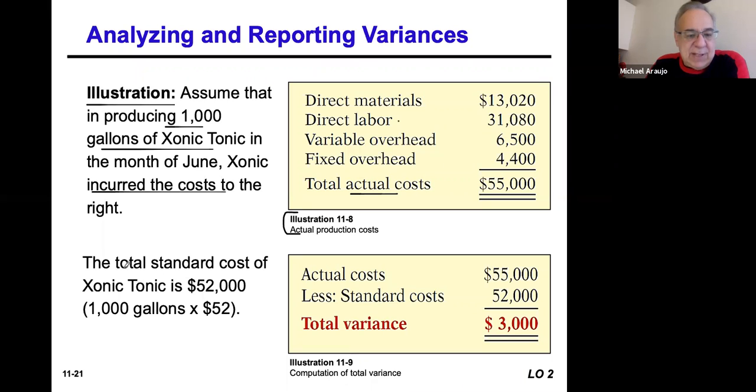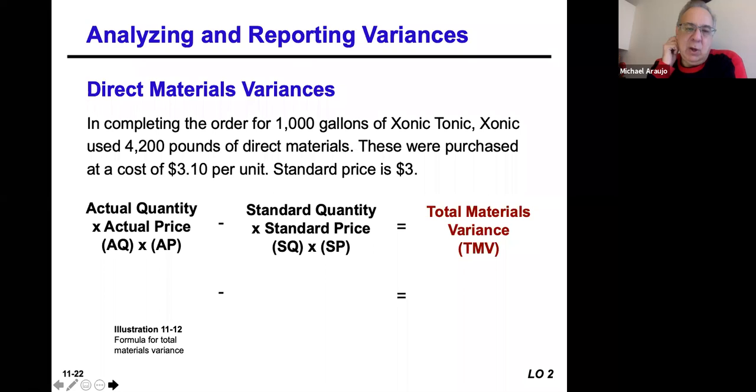However, the standard costs were calculated at $52,000. So in this case, our actual costs were 55,000, our standard costs were 52,000, and the total variance was $3,000. So let's take a deeper look. We're going to be looking at variances in all these areas. First, we're going to look at the direct materials variance.